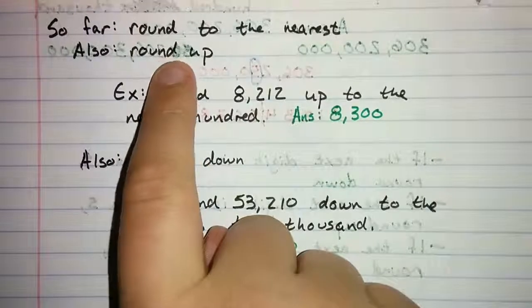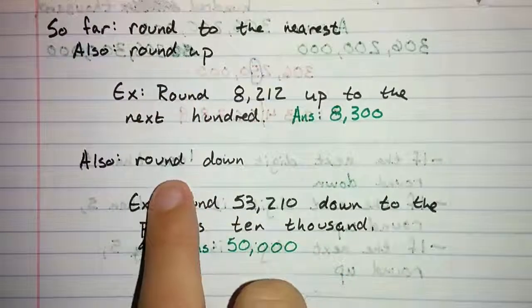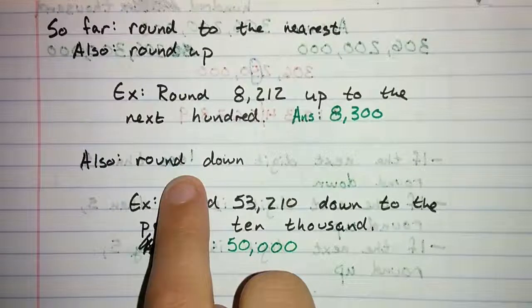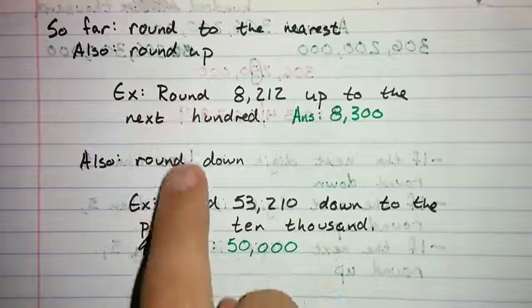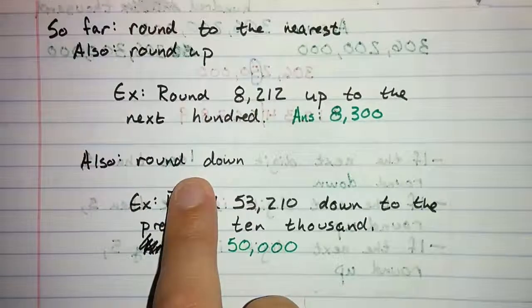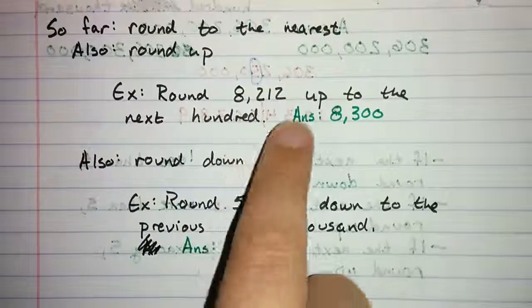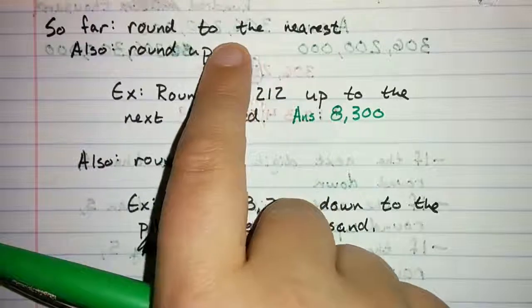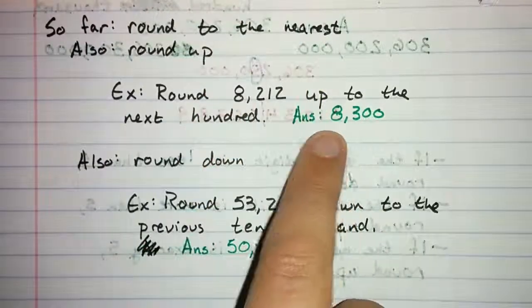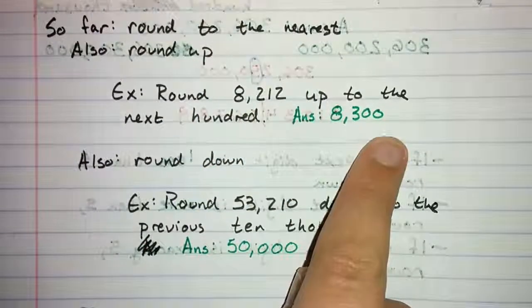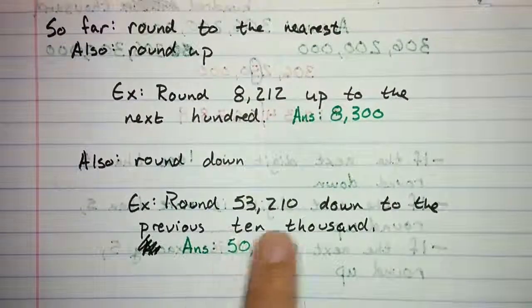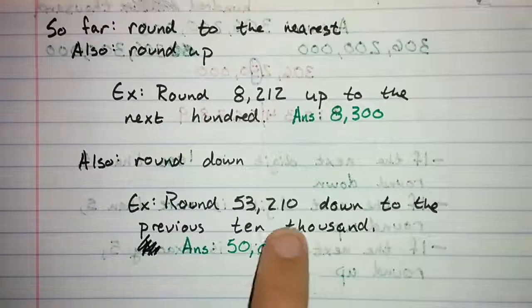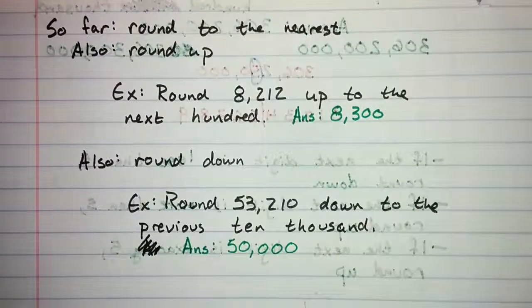So if our instruction already tells us to round up, or tells us to round down, or in real life if we have reason to always round up, or reason to always round down, well, the problem is even easier, because we don't need to think about which one is closer. We'll always take either the next such and such place, in this case the next 100, or the previous such and such place, in this case the previous 10,000.